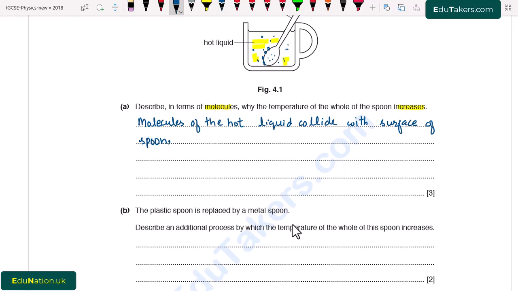As a result there will be the transfer of energy, transferring energy to their molecules.